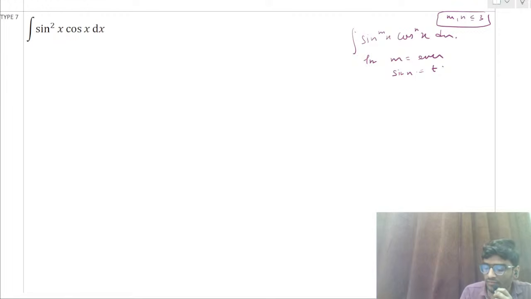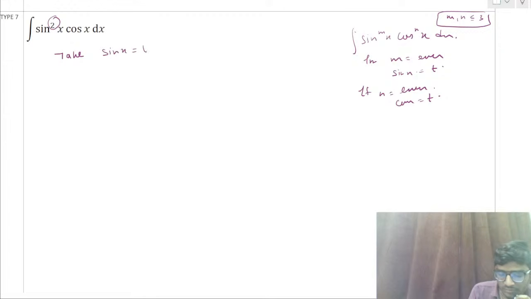Else if n is even, meaning the power of cos is even, which can be 2, then we are going to take cos x as t. Here, as you can see, the power of sine is 2, which is even. So we are going to take sin x as t.